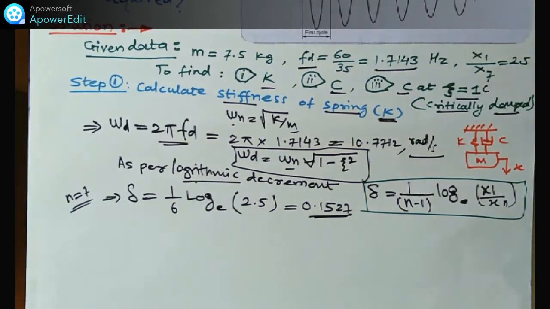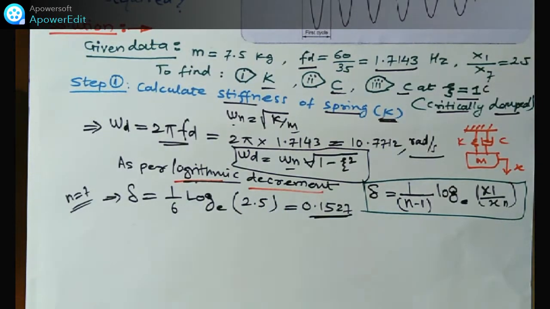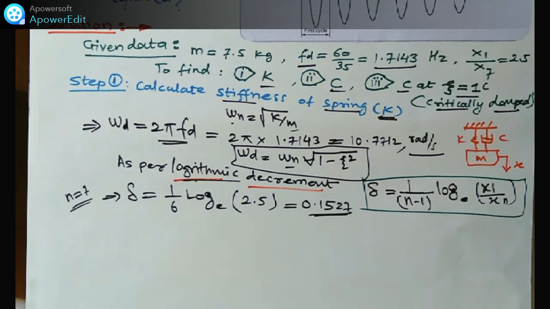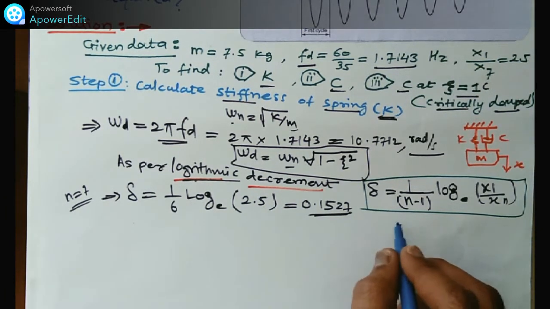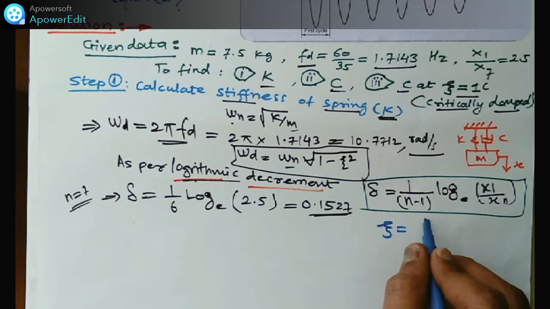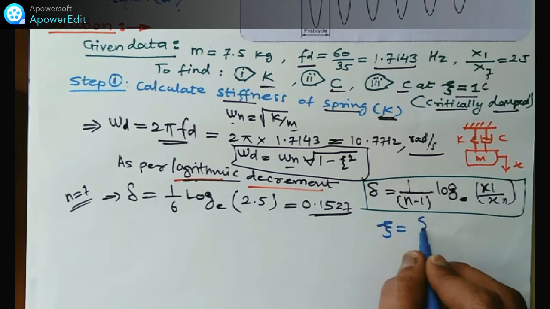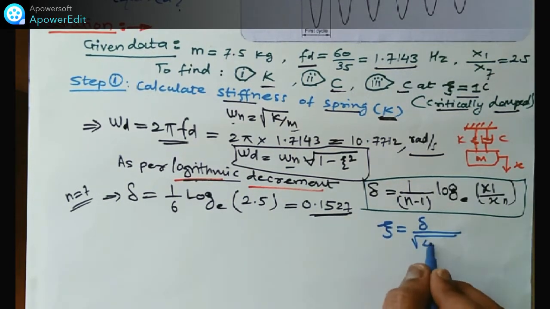So what is the use of this logarithmic decrement? We have to find out the value of zeta. So what is the relation of zeta? I will write here the equation. Zeta is equal to del upon under root of 4 pi square plus del square.